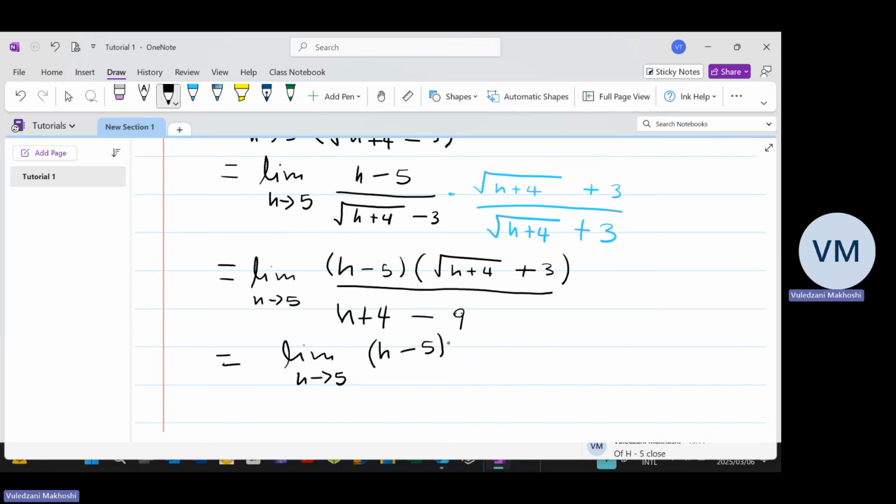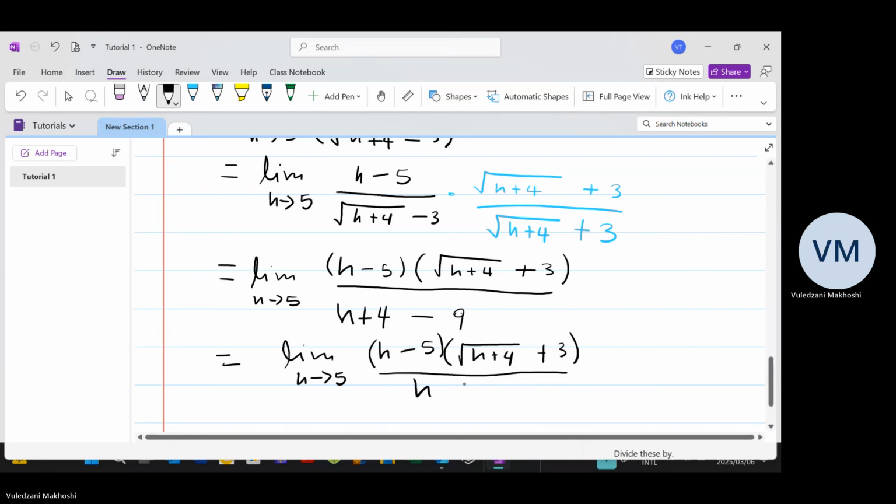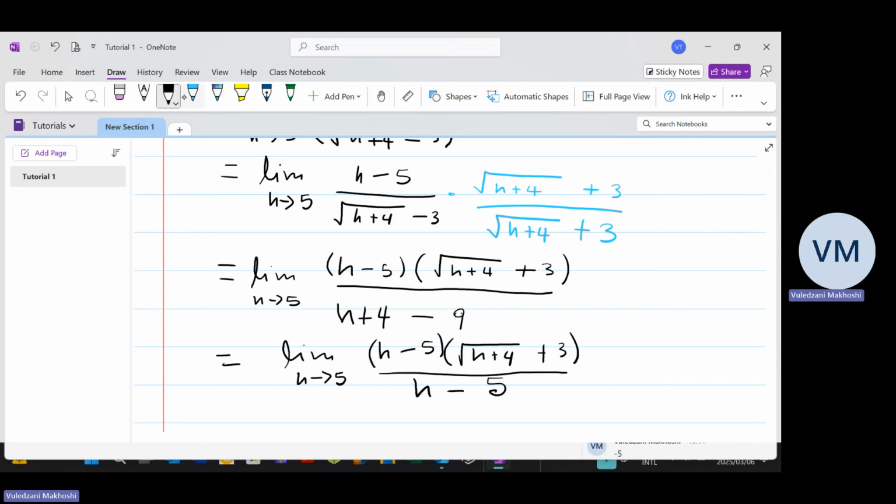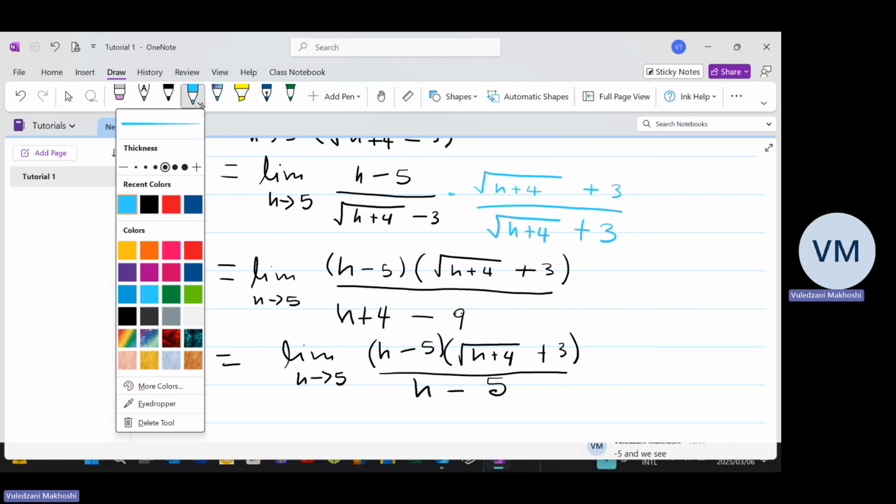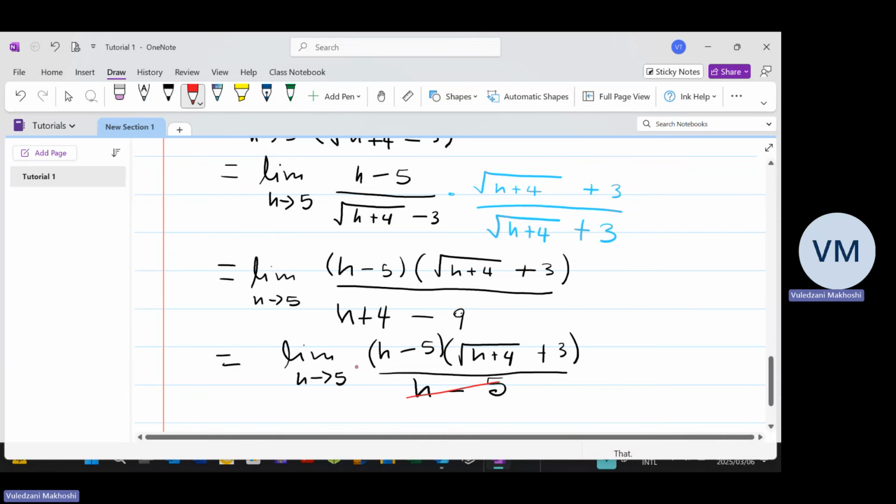which is equal to the limit h is approaching 5 of h minus 5, close the brackets, square root of h plus 4 plus 3, divide this by h minus 5. And we see that h minus 5, h minus 5 gone.